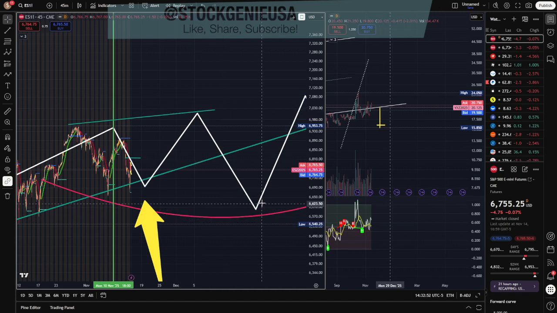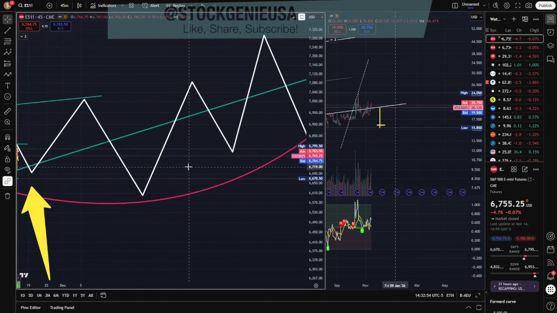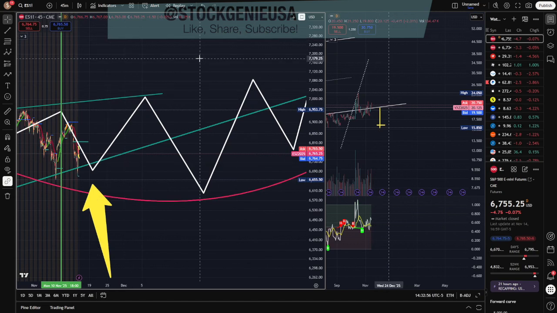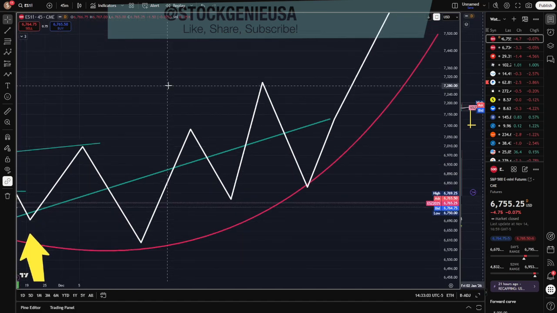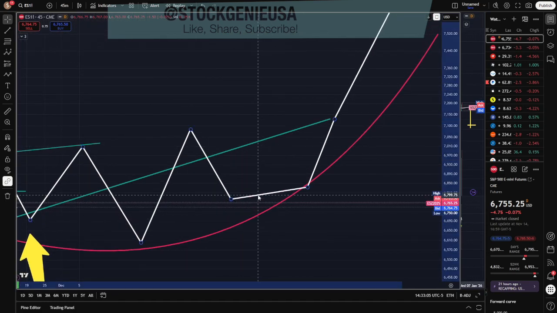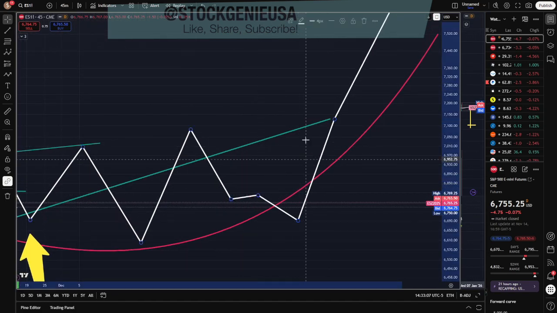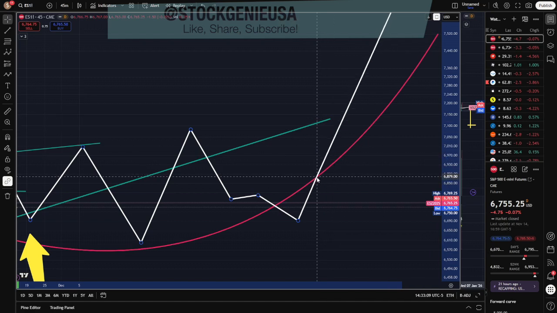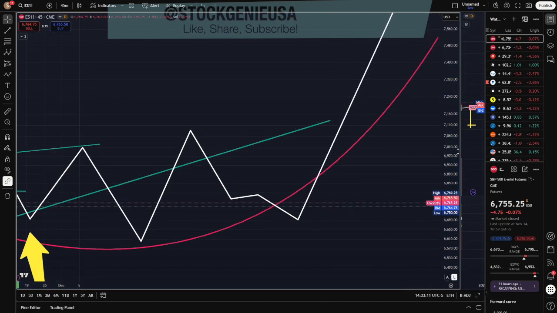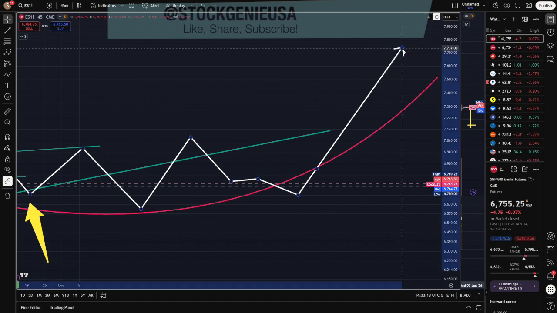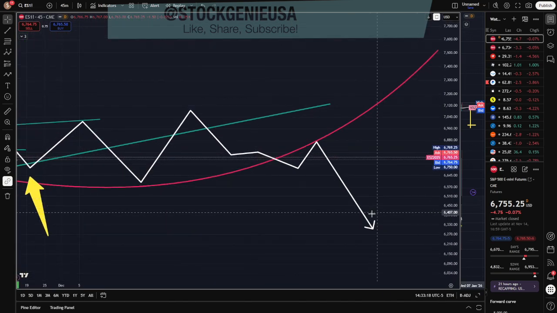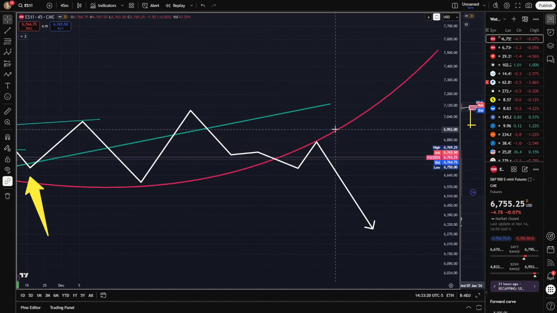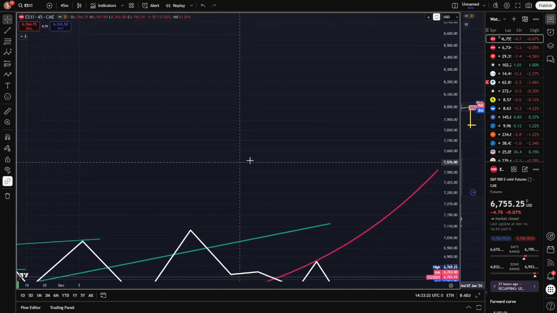And then the price comes right back down. This is your decisive moment right here. This is when the market decides: is it going to start to go down and have a breakdown like this, or are we going to hug the cycle and continue upwards?